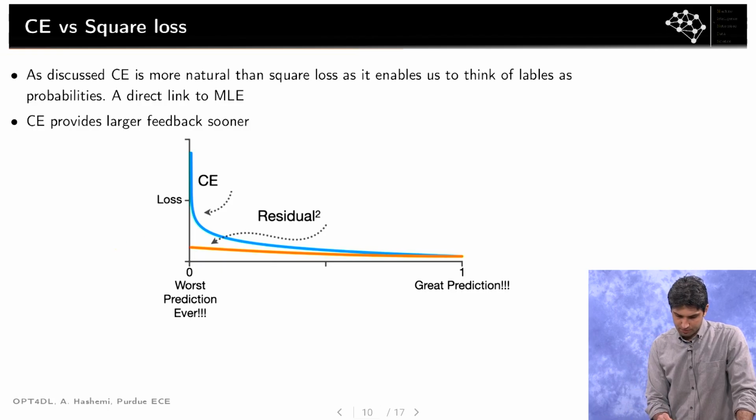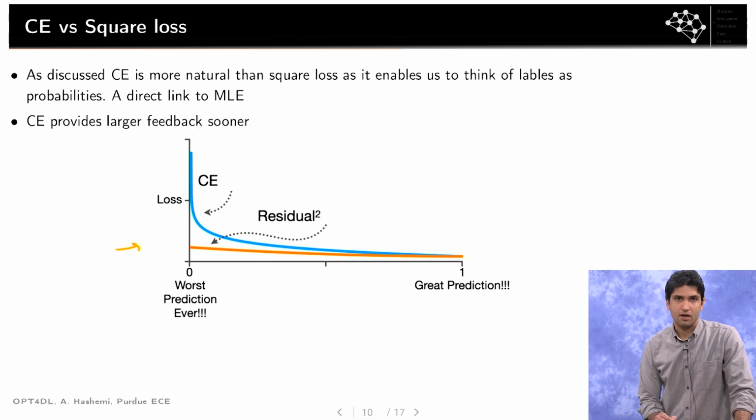So here in this plot, I'm showing the loss value versus how good our prediction is. Early on in the training, we should expect that our model is not going to perform very well, so the prediction is not going to be very good.